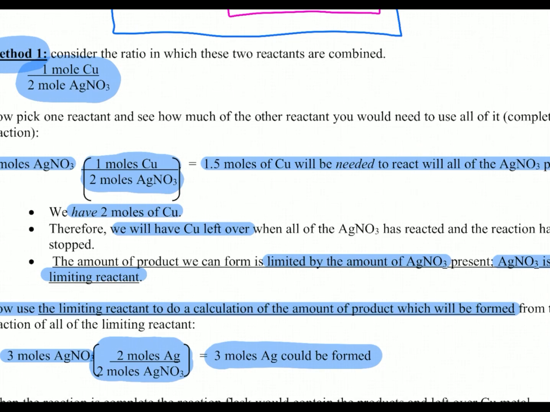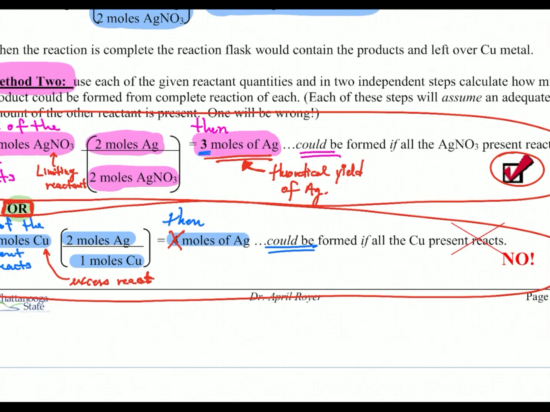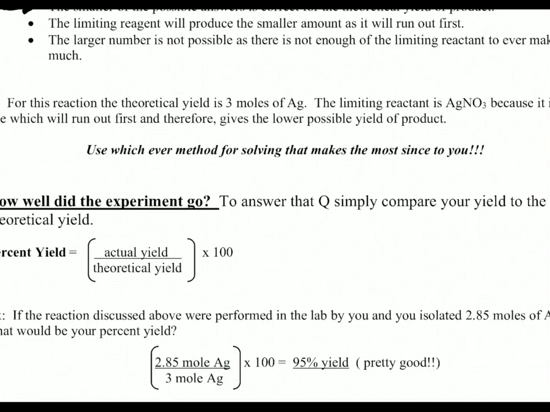So again, it is still 2 calculation strings, but because there's that logic decision that has to happen in the middle, most people prefer this one because the only logic you have to get is that it's an either or. Either the silver nitrate's the limiting reactant or the copper is. And for each one, you do the, if I could use all the silver nitrate, I could make that much product. If I could use all the copper, I could make that much product. And the only answer that can be right is the lower one.